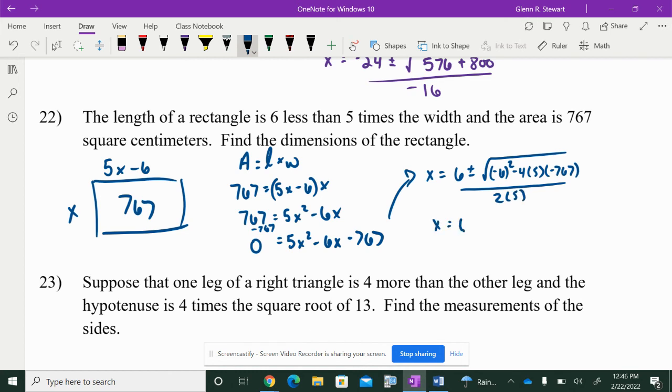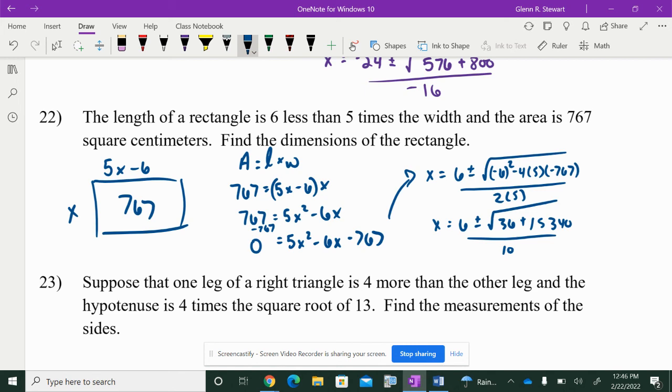So x is equal to 6 plus or minus the square root of 36 plus 20 times 767, which is 15,340, all over 10.